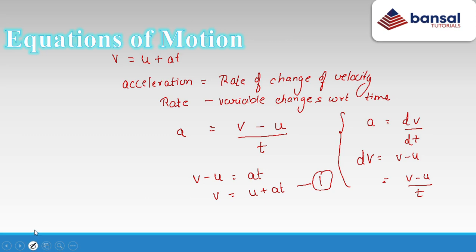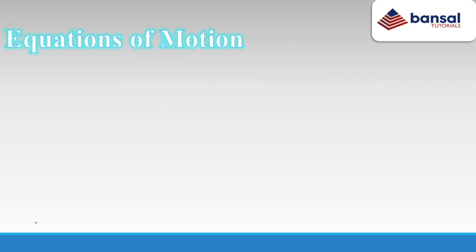Now let's move on to our second equation of motion. The second equation of motion is s is equal to ut plus half at square.